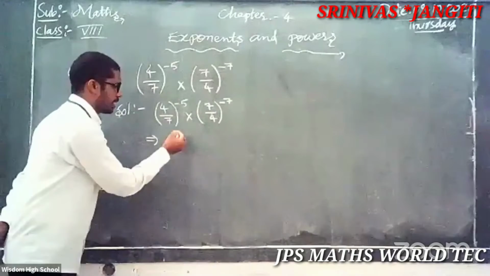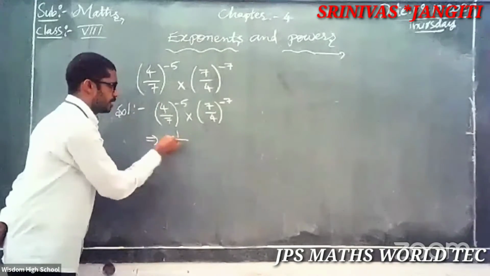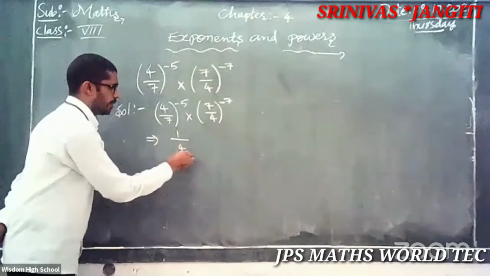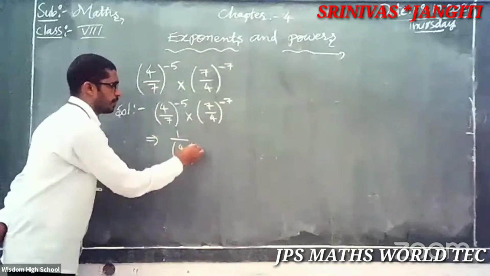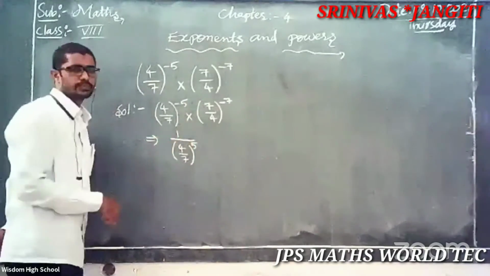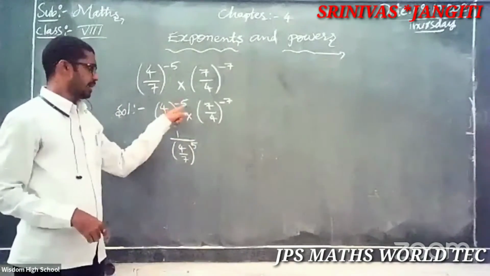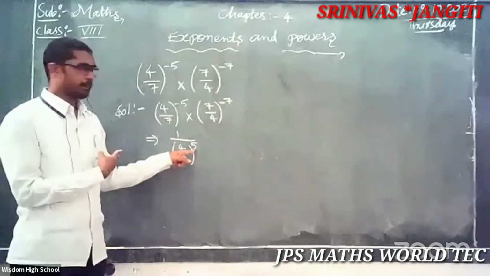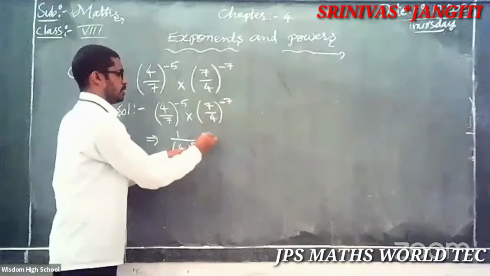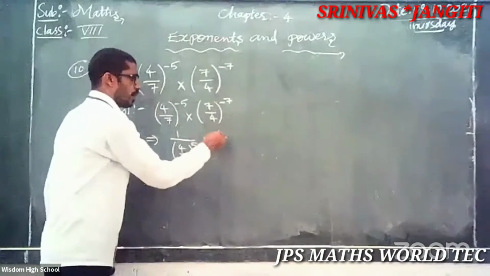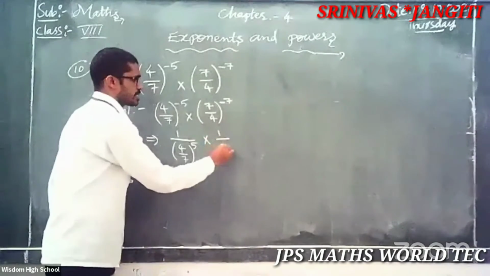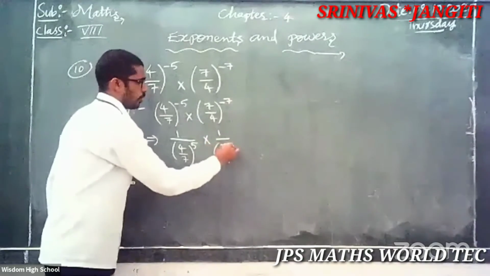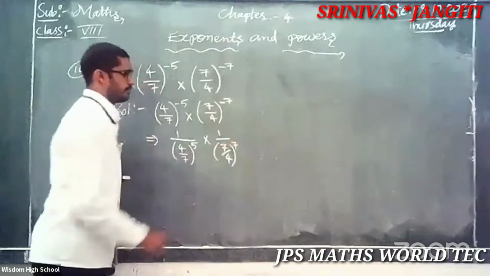This we can also write as 1 by 4 by 7 all to the power of 5. Any problem here? Here minus, but what happened here? Plus. Then into, what is here? 1 by 7 by 4 all to the power of 7.